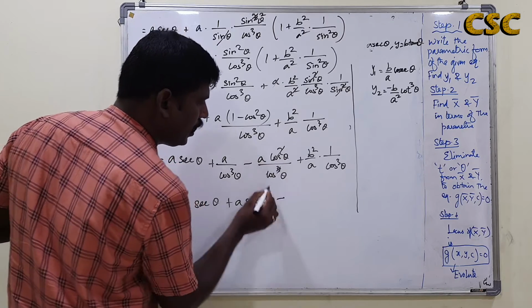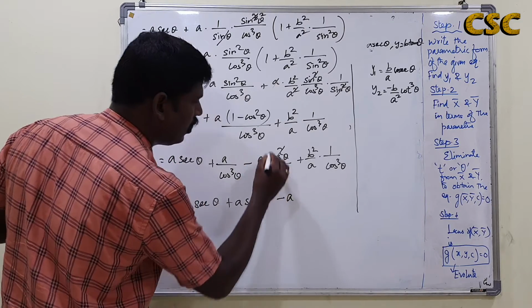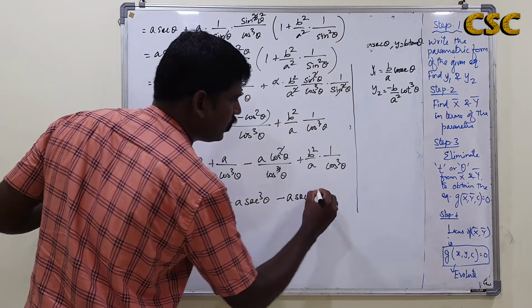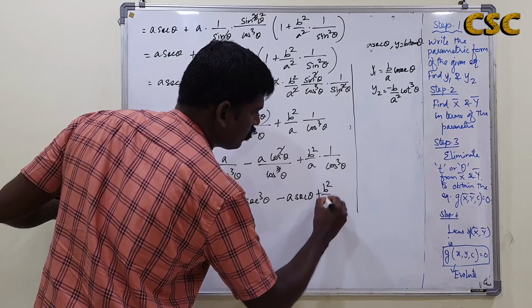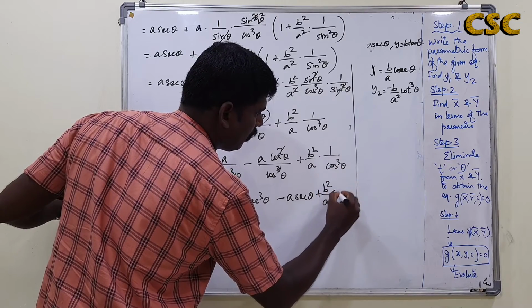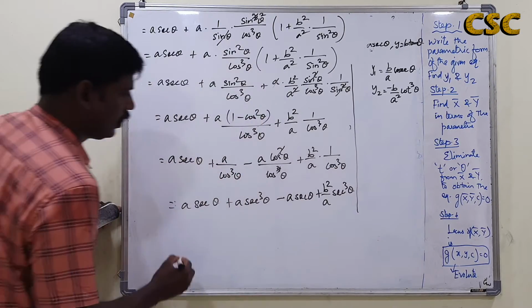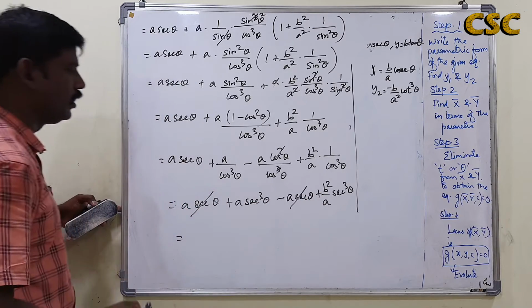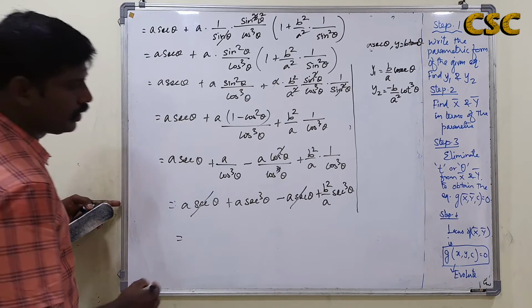So it becomes a by cos theta remaining. A into what is 1 by cos theta? It is secant theta, right? Plus b square by a. This 1 by cos cube theta can be written as secant cube theta. That's all, right? Now I strike out this plus a secant theta with minus a secant theta.